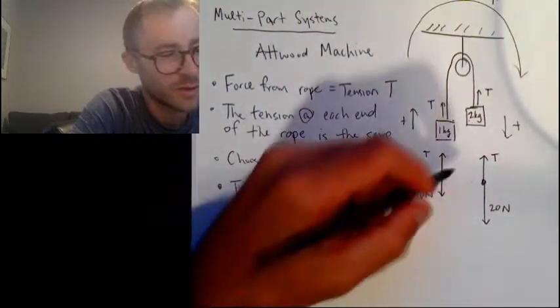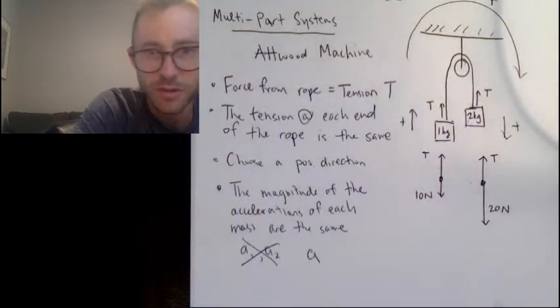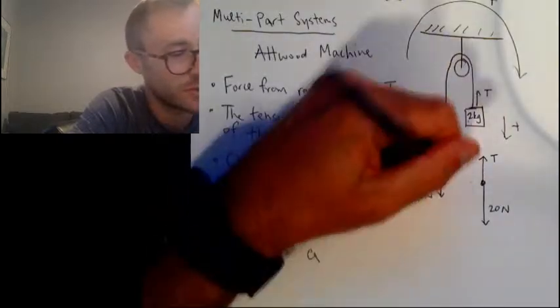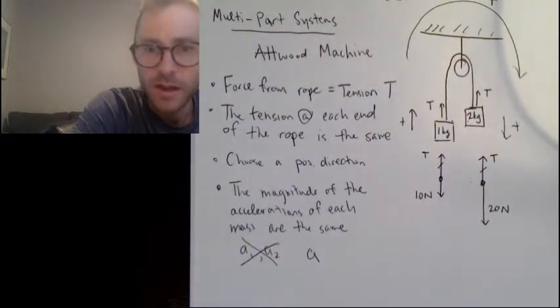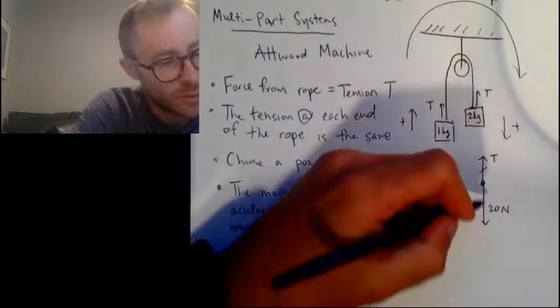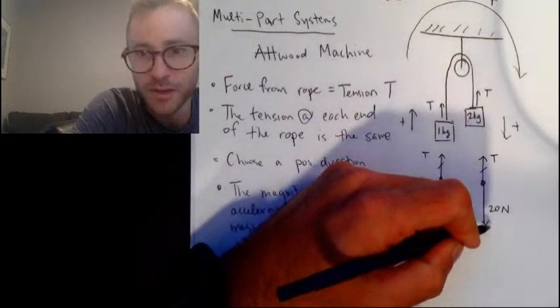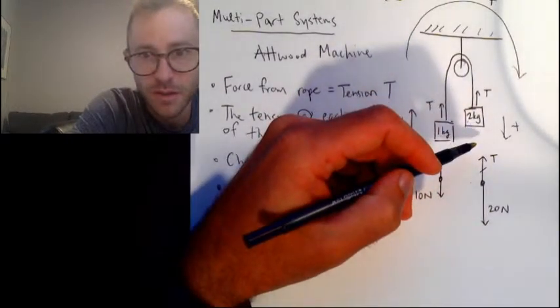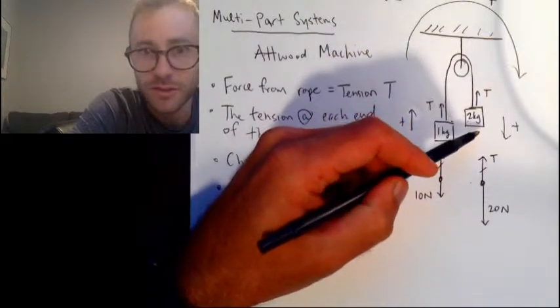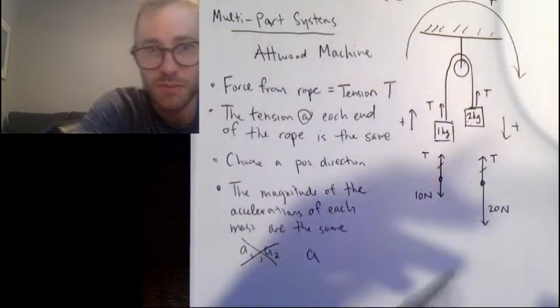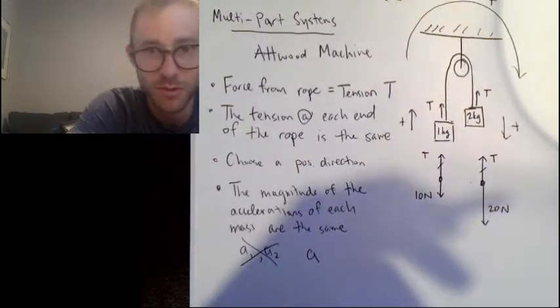Now notice how I've drawn these two arrows to have the same length to indicate that it's the same tension. These two are the same. And notice that the 20 newton downward force is bigger than the tension. Why? Because I know that the 2 kilogram mass is going to accelerate downward, so I had better have more downward force than upward force.